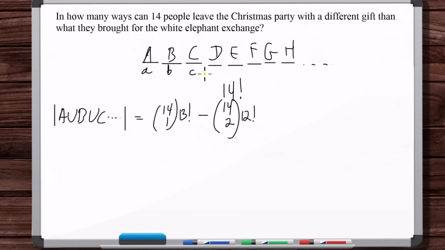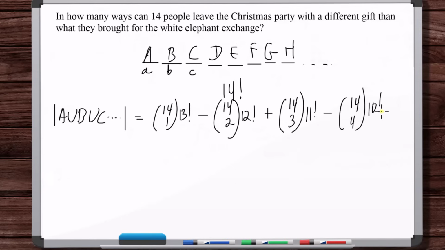Then you just rearrange the rest as much as possible. But we don't have to think about what if these two switch spots, because then they wouldn't have their own gift. They're fixed. So the pattern here is going to be 14 choose 3 times 11 factorial.